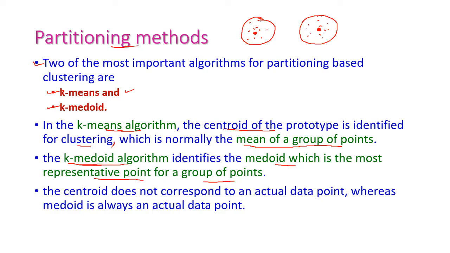The difference between these two is that the centroid does not correspond to an actual data point. The mean is a computed value, but the medoid is an actual data point, which is considered the center of the cluster.